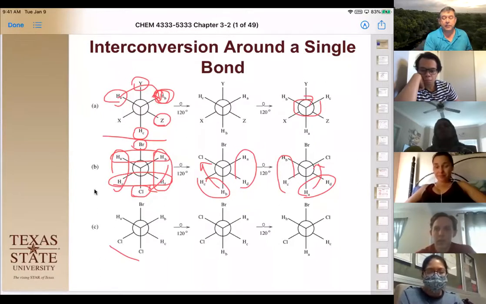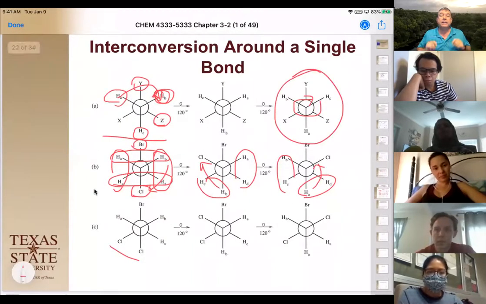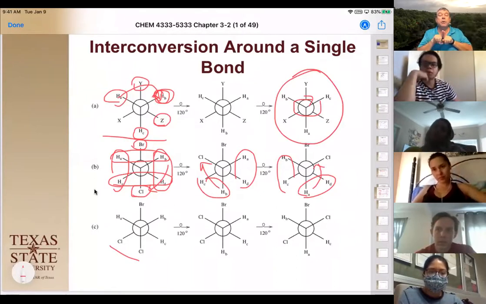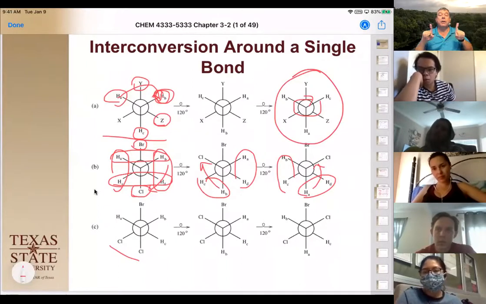So, which means, let's say we just had this theoretical one here. Okay. If we did this at a high temperature, all of those hydrogens are going to coalesce into one peak. As we cool this down, depending on what the groups X, Y, and Z are, we could get 3 different peaks because we lose our free rotation.